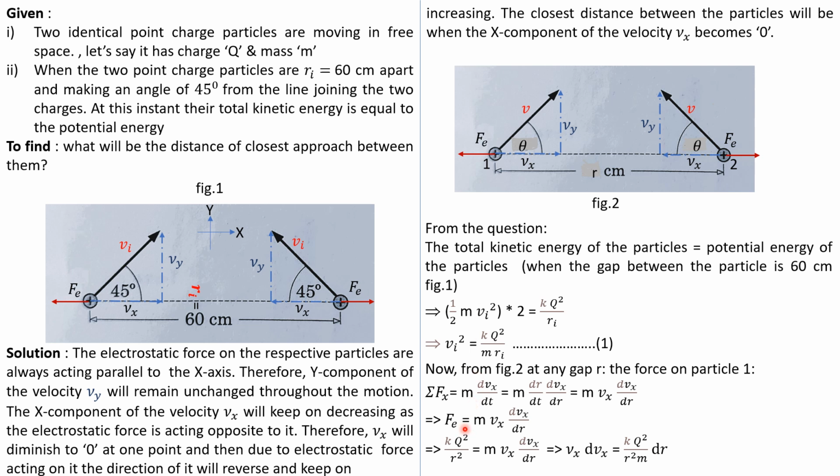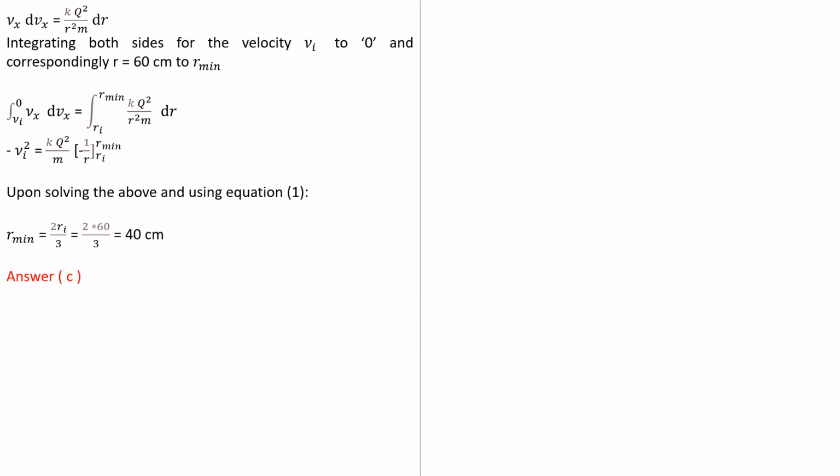So that magnitude is Fe. We can write that by Coulomb's law, kq square by r square. So finally you will get this equation. Vx dvx is equal to kq square by r square m into dr.